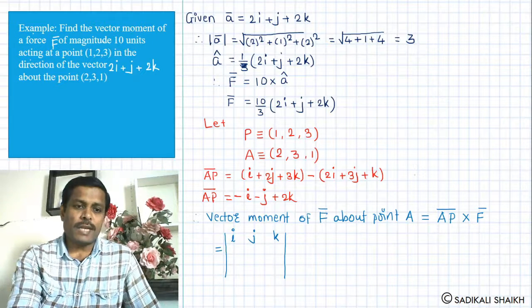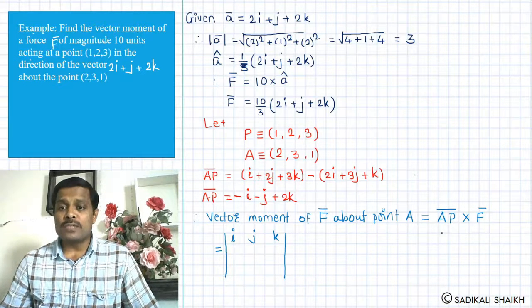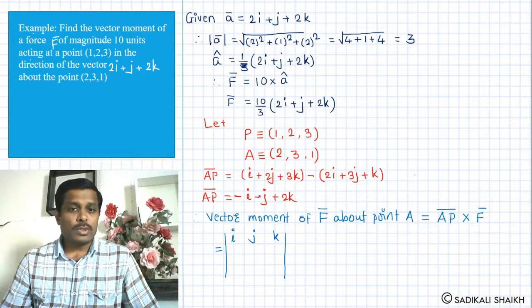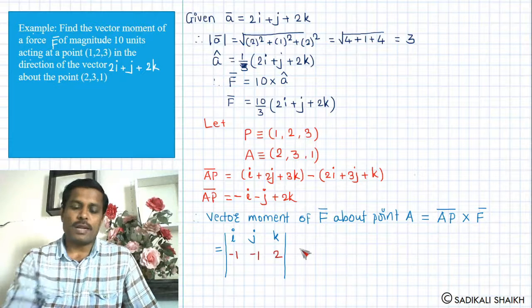Now in the second row of this determinant, I have to write components of the first vector. So the components of the first vector are minus 1, again minus 1, and 2, right?